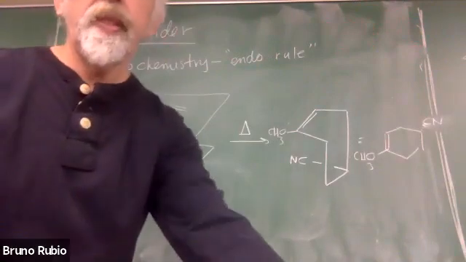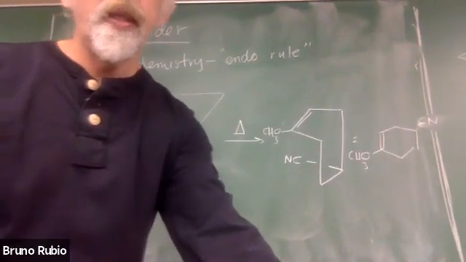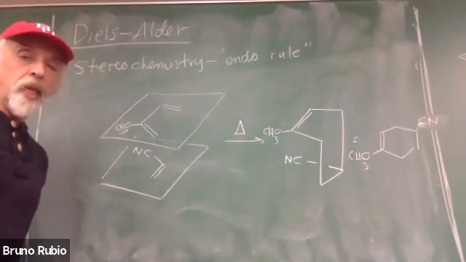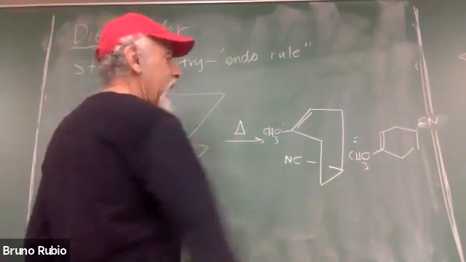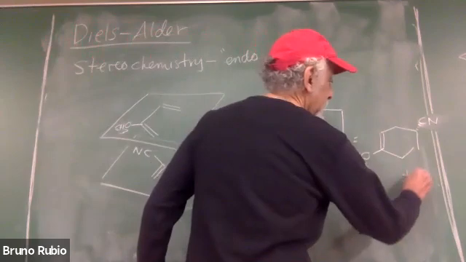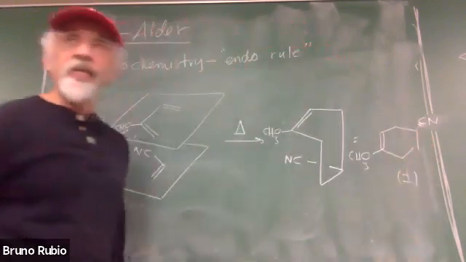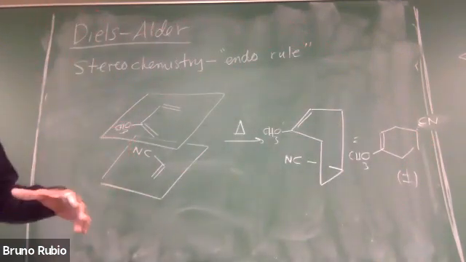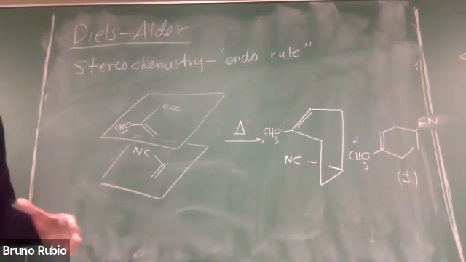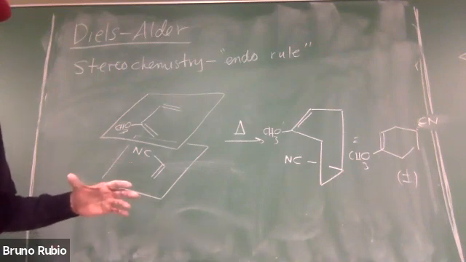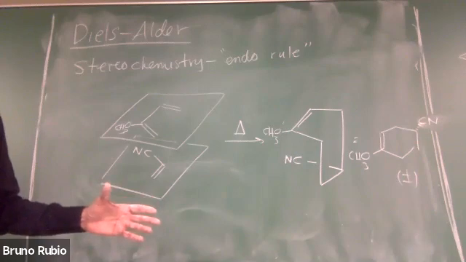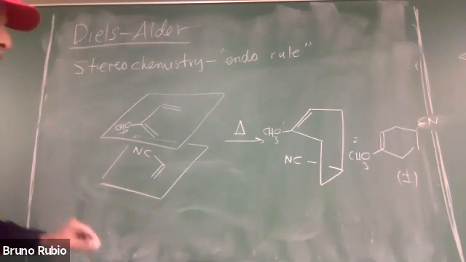And it's on a dash. And once again, that's a new chirality center. And you're going to get a racemic mixture. 50% of the time that's going to be on a dash, 50% of the time it's going to be on a wedge.